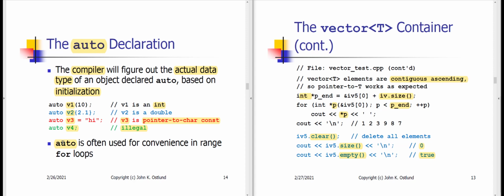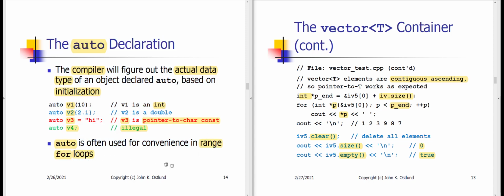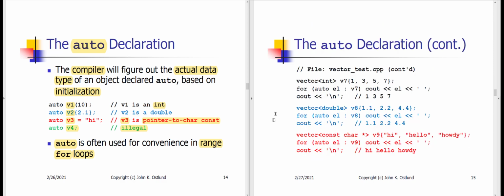Now, we often use auto in range for loops, basically just because we're too lazy to type data type names. So let me show you some examples. All right, so here I've got v7 is a vector of int, and v8 is a vector of double, and v9, this is a good one, v9 is a vector of pointers to character constants.